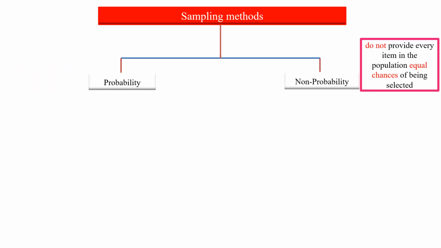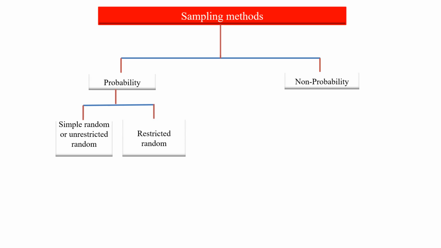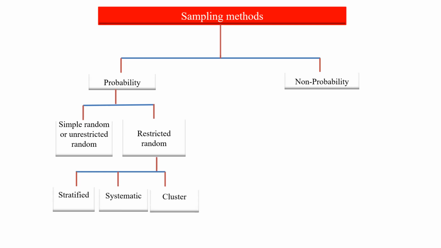The non-probability sampling method does not provide every item in the population an equal chance of being selected. Probability sampling is again divided into simple random or unrestricted random sampling and restricted random sampling. Restricted random sampling is divided into three parts: stratified random sampling, systematic random sampling, and cluster sampling.